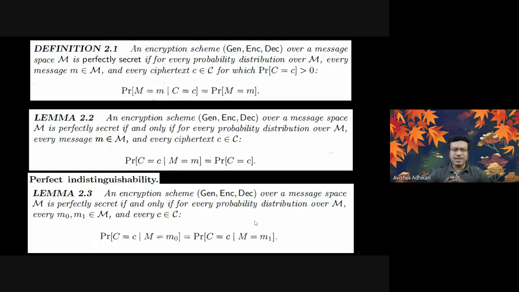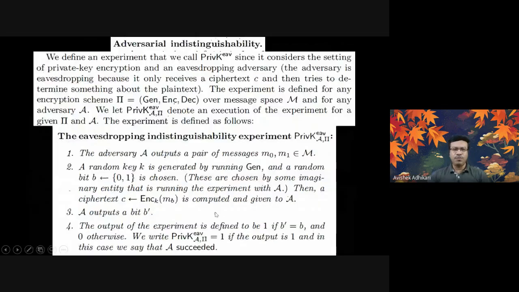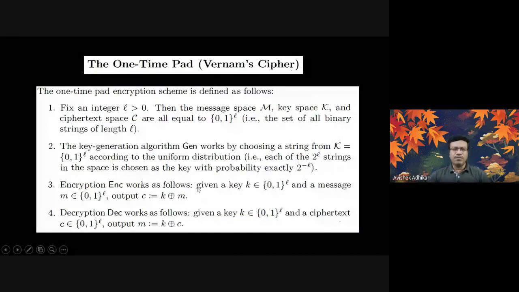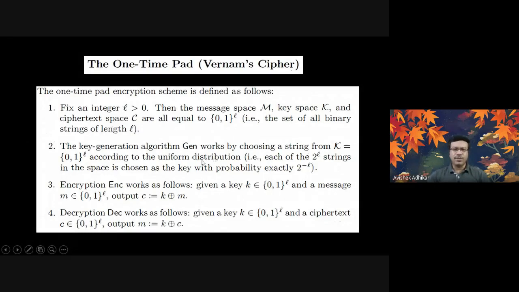But if your scheme is perfectly secret, then you will not get any extra information if you change M0 to M1. That is why this is for every M0 and M1. Based on all these properties, it can be proved very easily, using adversarial indistinguishability, that the one-time pad is perfectly secret.